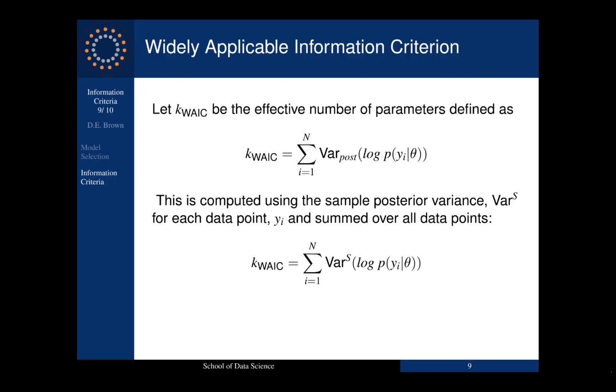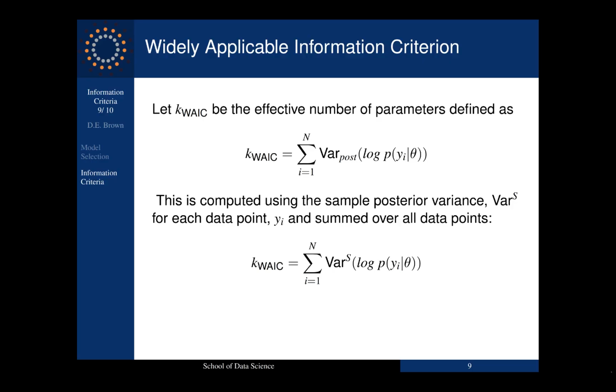Now, the question is, why would this variance be an indication of the effective number of parameters? Well, it turns out that the more parameters we have, the wider the variance. So by penalizing based upon the variance, we're effectively penalizing based upon large numbers of parameters.